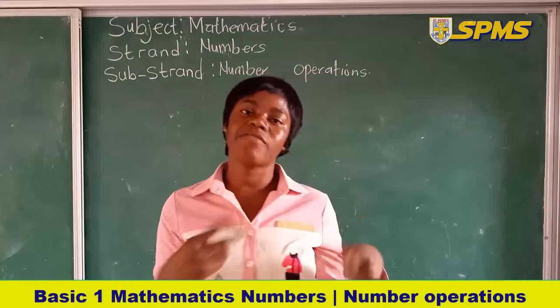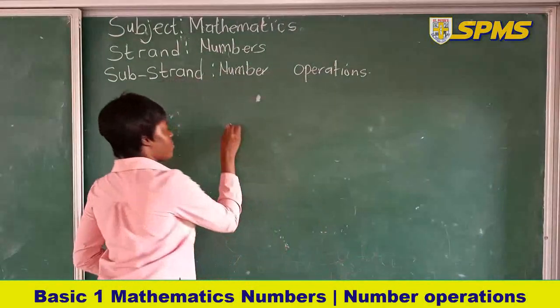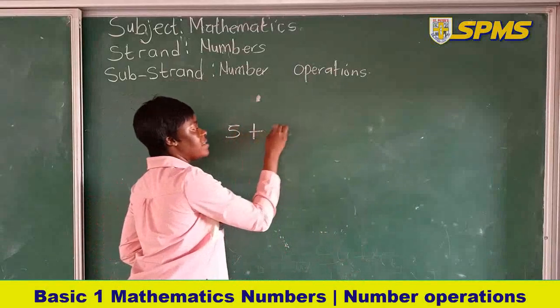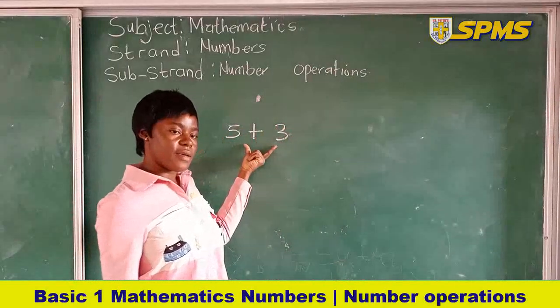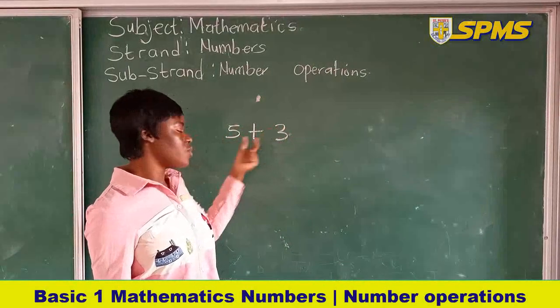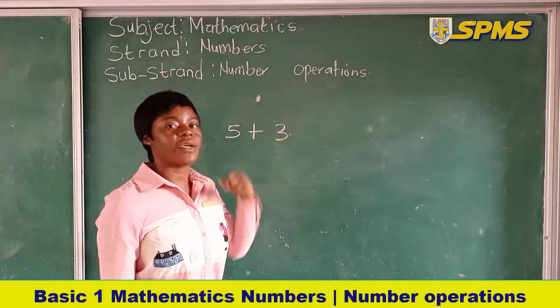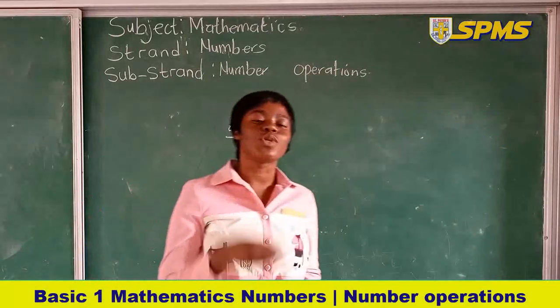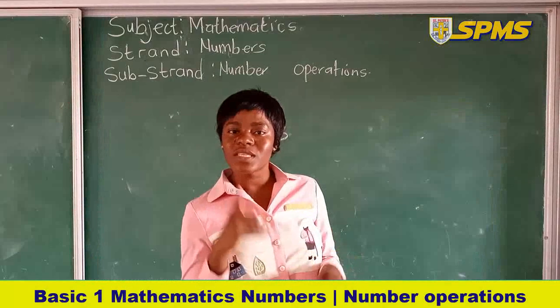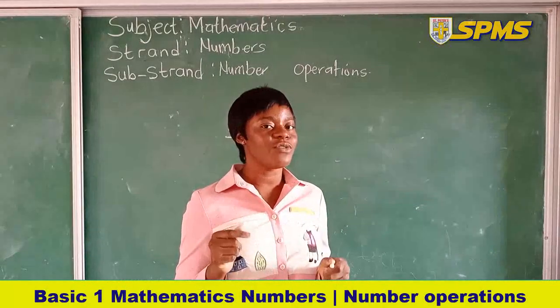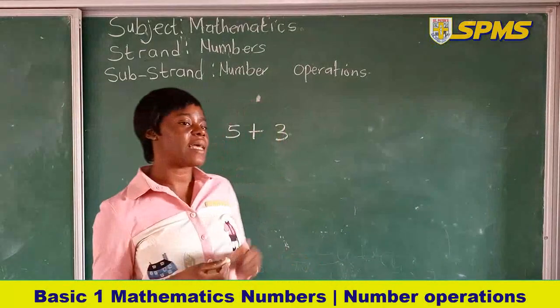I have 5 and 3. 5 plus 3. Our addends are here: 5 and 3. Now we are going to count in 3 places. When we were doing skip counting, we did some counting over there. We're going to apply that knowledge here.